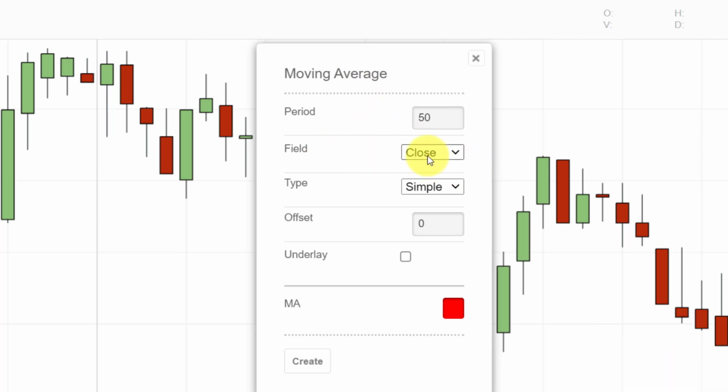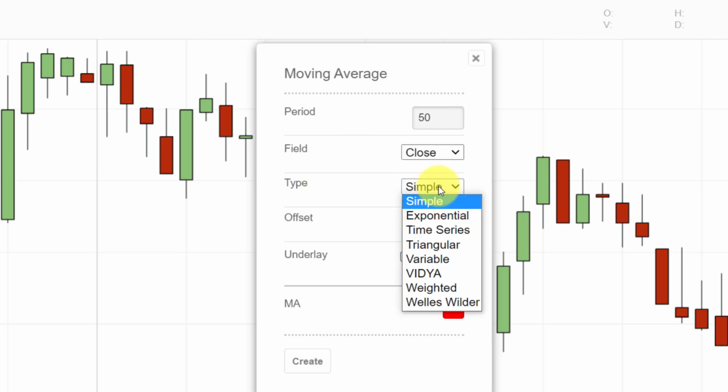Okay, and then under field you have here the options close, low, high, open. Normally we would like to select yung close or yung closing price ng stock in any single trading day. Then basically ang kinukuha lang natin dito under type is yung exponential.